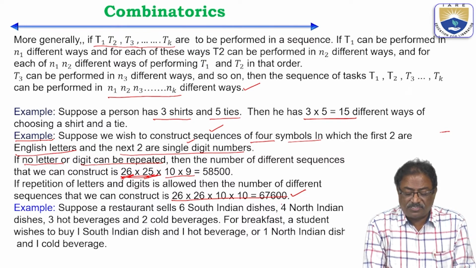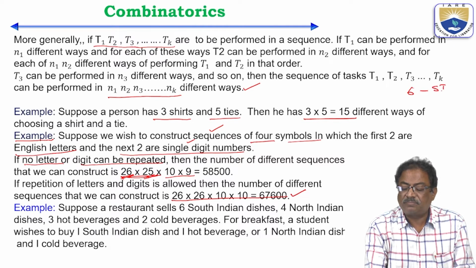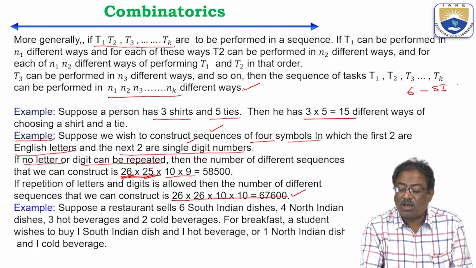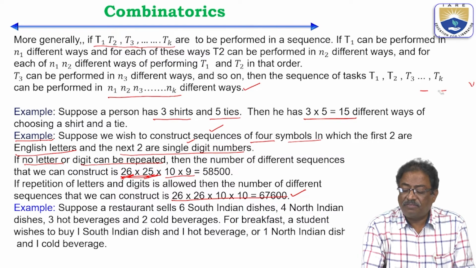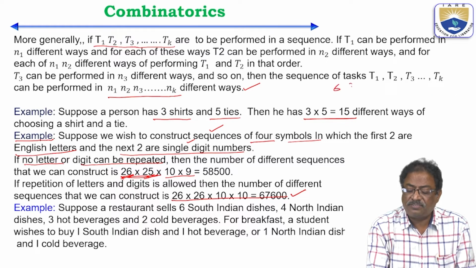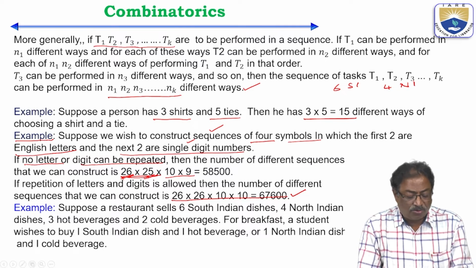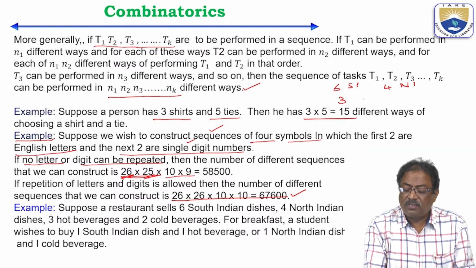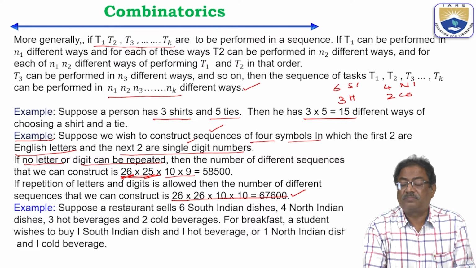Suppose a restaurant has 6 South Indian dishes and 4 North Indian dishes, and also 3 hot beverages and 2 cold beverages.